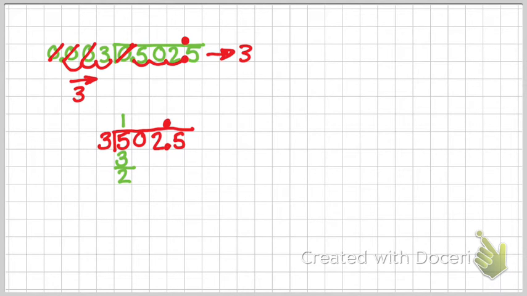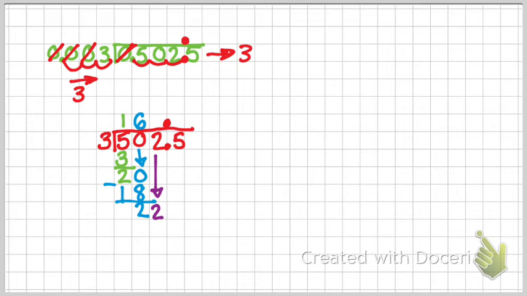Bring down your next number, which gives me 20. 3 goes into 20 6 times because 6 times 3 is 18. I'm going to subtract and I'm going to get 2. Bring down your next number.